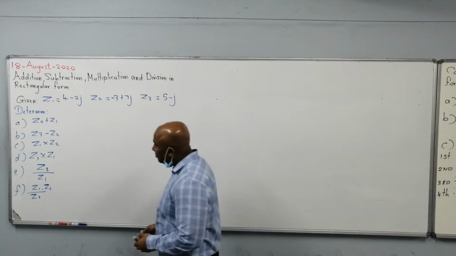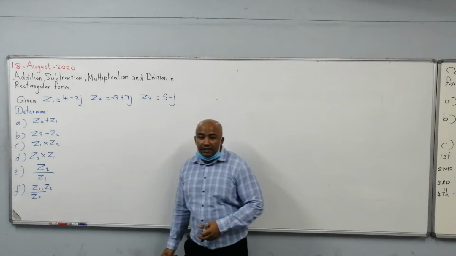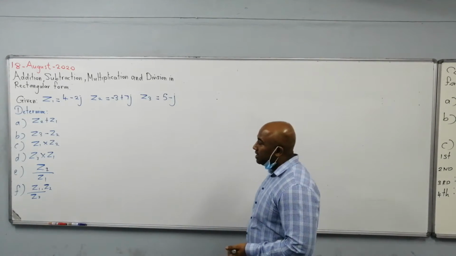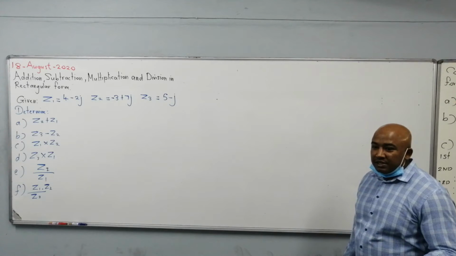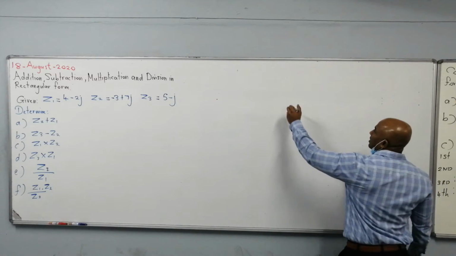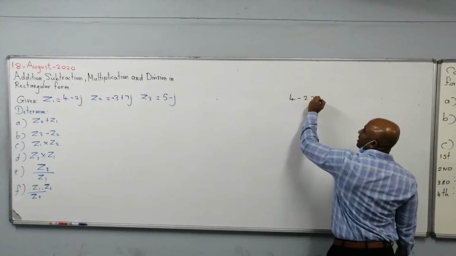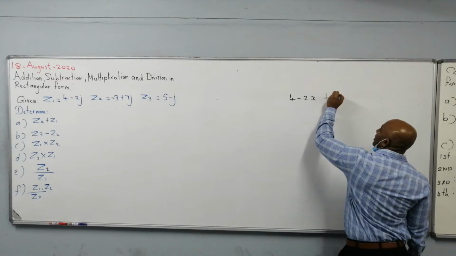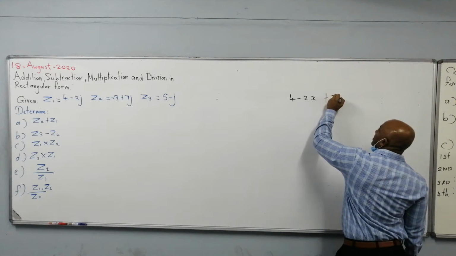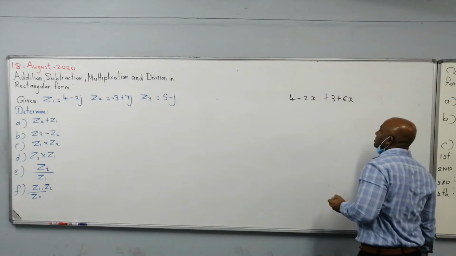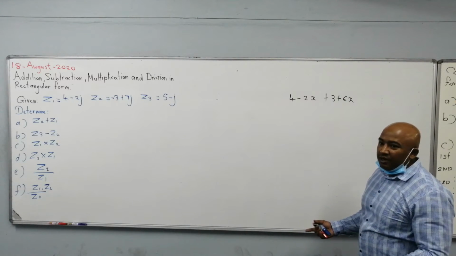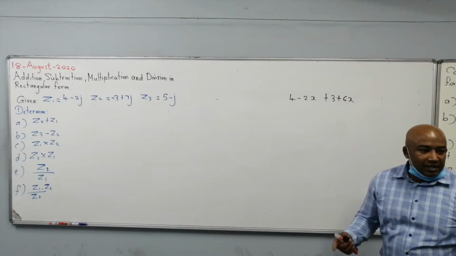Right, so adding complex numbers in rectangular form is like adding variables, like when you have x and y. So if I have something like 4 minus 2x plus 3 plus 6x, how do I do this? All I do is add up like terms.